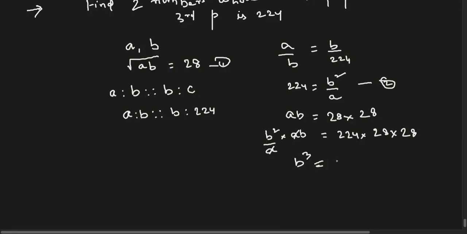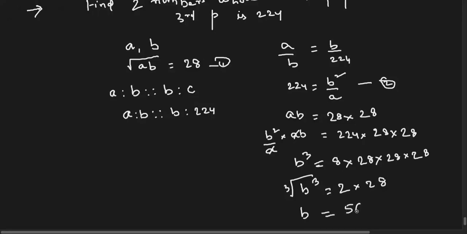I can split this as 8 multiplied by 28 into 28 into 28. So cube root of B cube, the 3 gets cancelled, and for this it becomes 2. 2 into 2 into 2 is 8, right? And 28 into 28 into 28, 3 times, you write only 1 time. Understood? So B value is 28 into 2, which is 56. You got the B value.